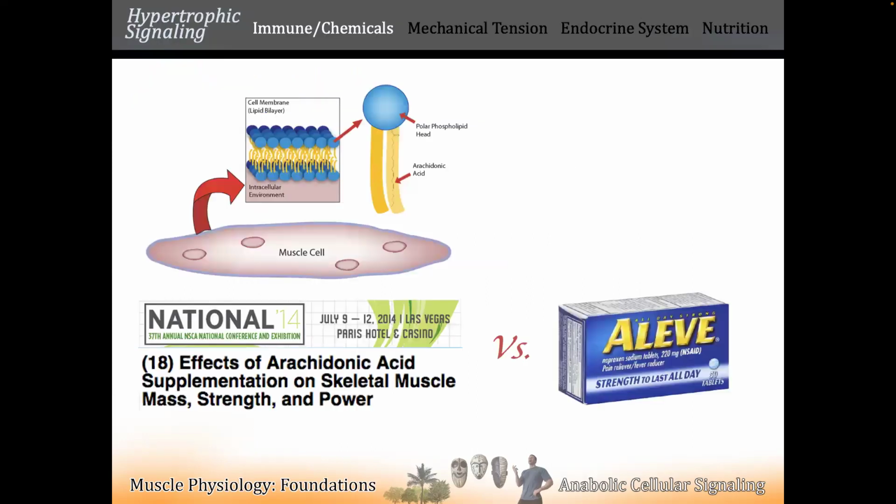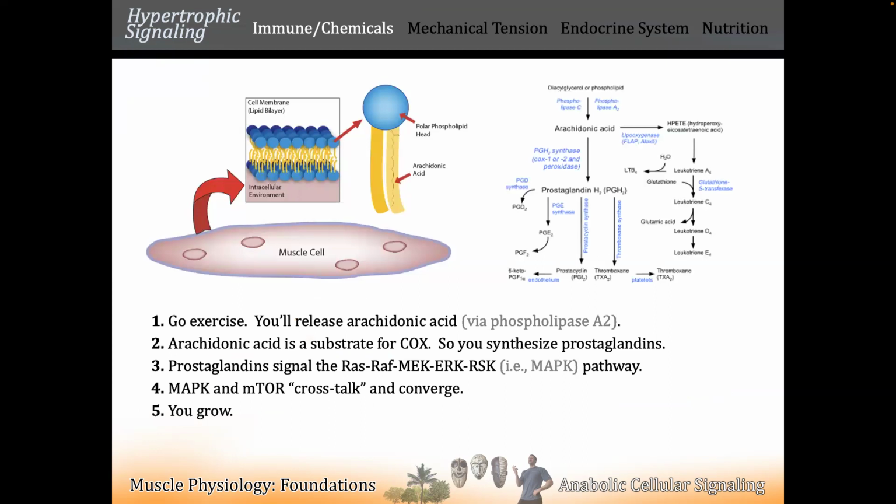So you remember arachidonic acid, a polyunsaturated fat that maybe accounts for 15%, give or take, of the fatty acids in your muscle's phospholipid bilayer. And if you exercise, you'll release some of it. You can also take arachidonic acid as a supplement, and you will be punished with soreness, but we'll hold off on that until we're talking about applications.